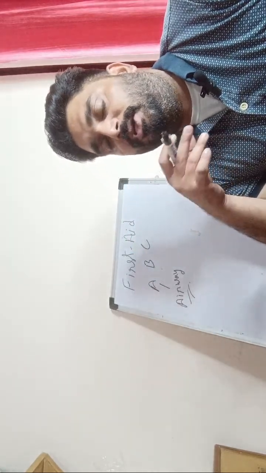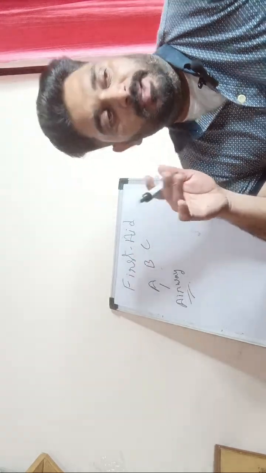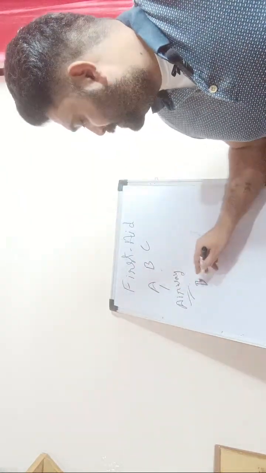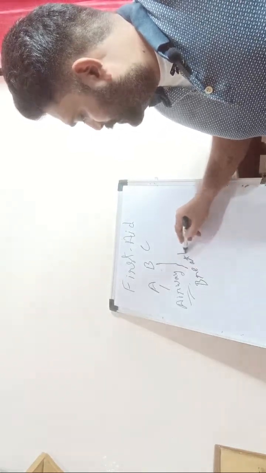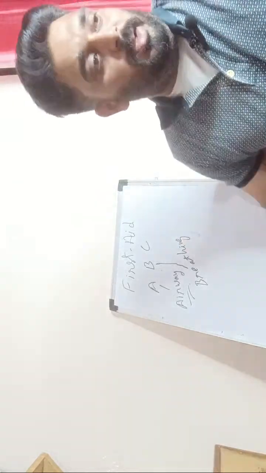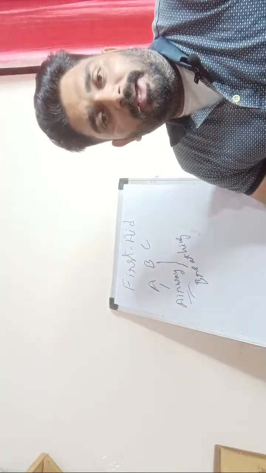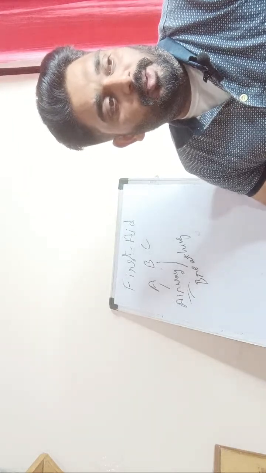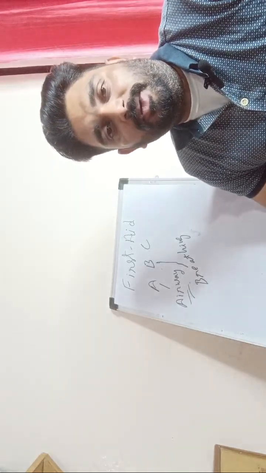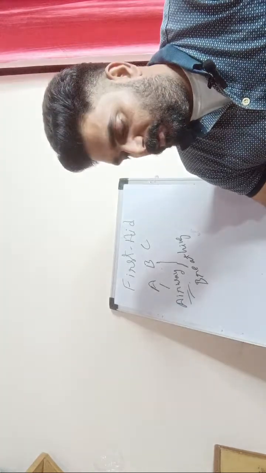His or her chin must be kept up. Second is breathing. B for breathing. The breathing can be given mouth to mouth, or rescue breaths can be given. The person must also check the pulse.